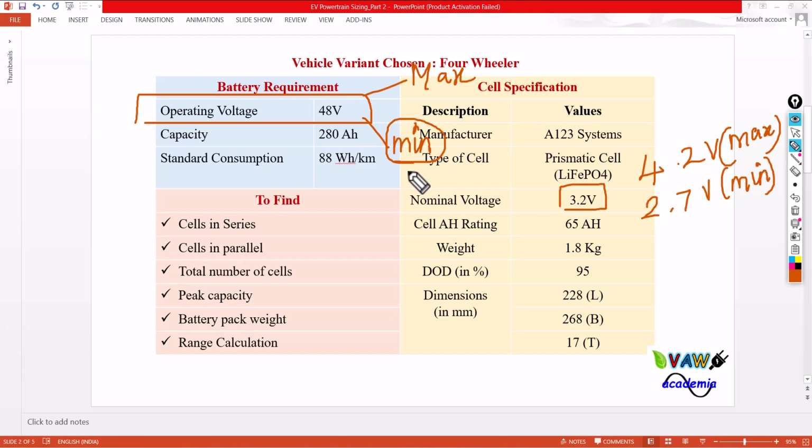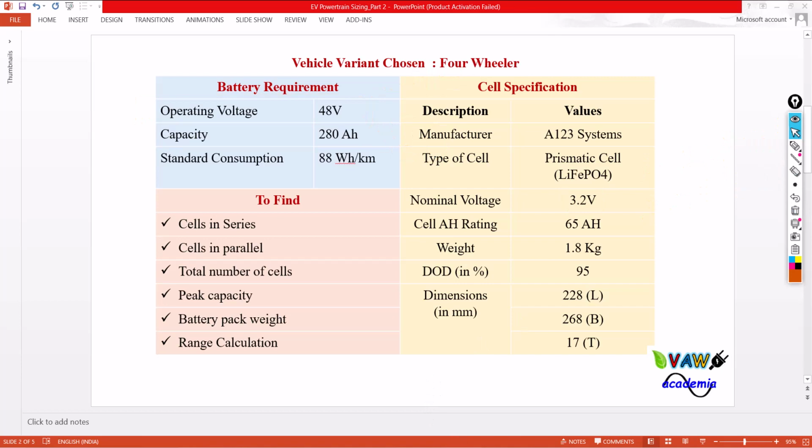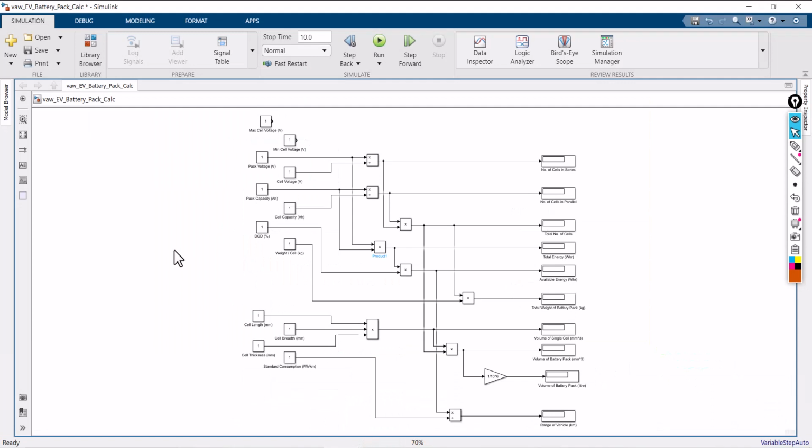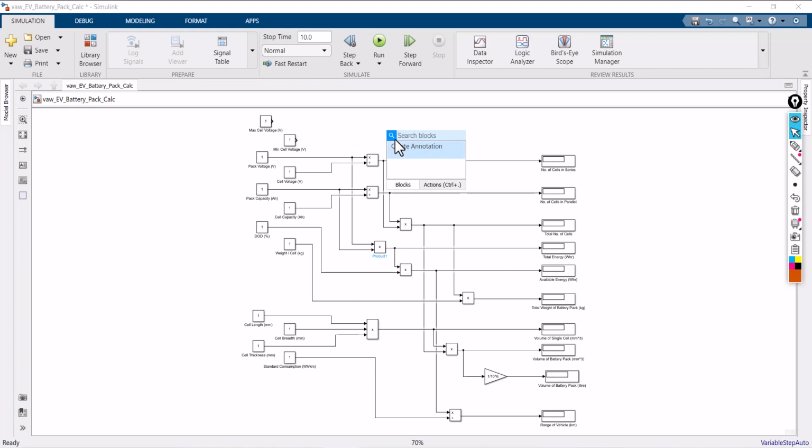So for that, I'm going to use the maximum cell voltage. Let me take this case. I want voltage, and voltage always has a relationship with the number of cells in series. Let me take a product.